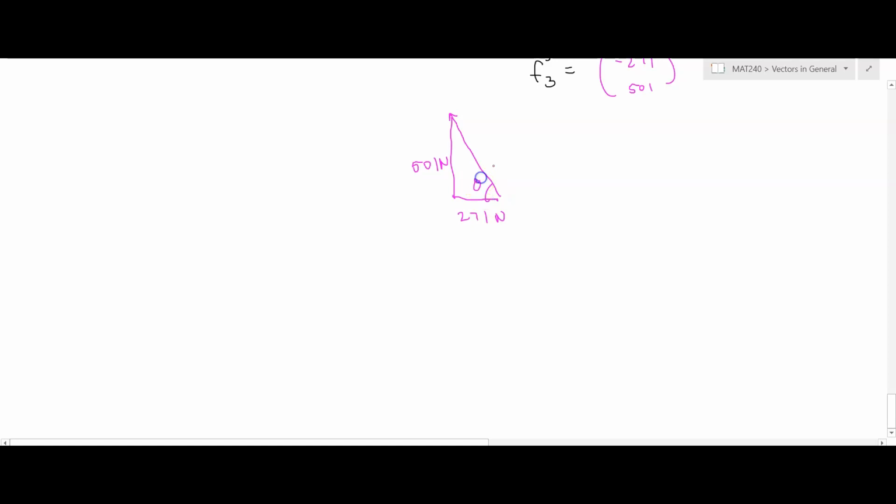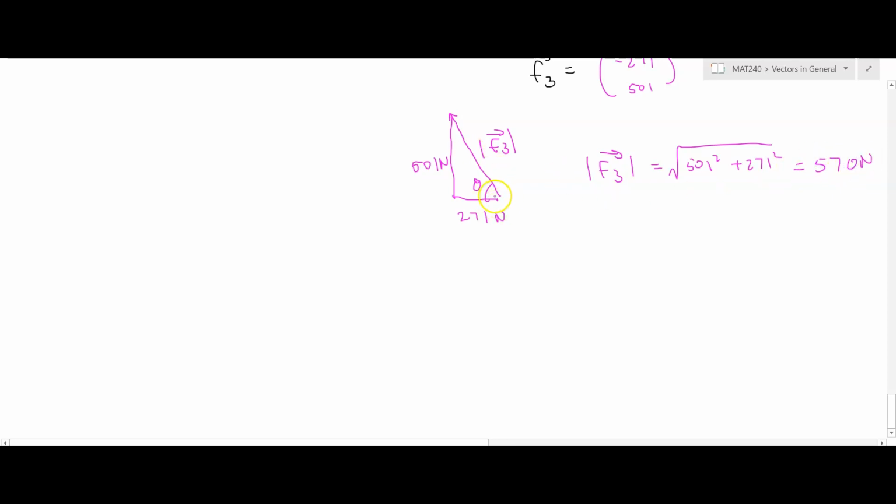Here we could find this angle, and we want to find the magnitude of F3. So to find the magnitude of F3, how big is that force that third winch has to apply? That's going to be the square root of 501 squared plus 271 squared. And the square root of 501 squared plus 271 squared comes out to about 570 newtons.